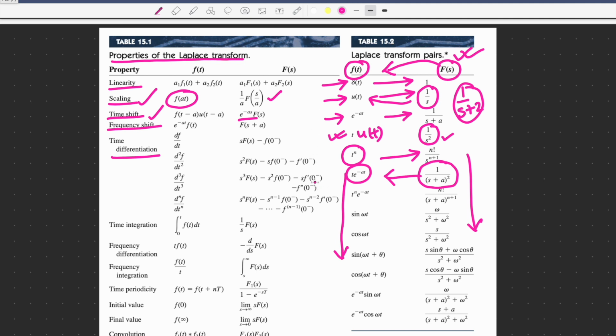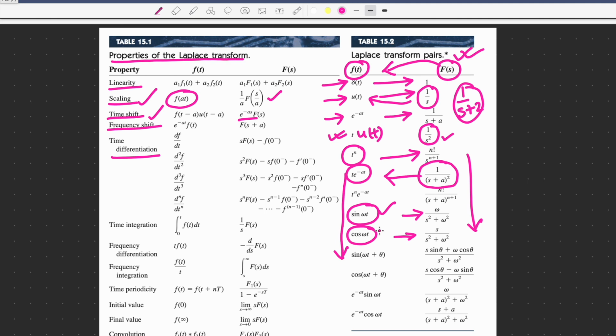So now I will take a few examples of the inverse Laplace transform. As we already know sine omega t and cos omega t, what will be their transforms. So if we get any function like this, we can convert it into this format.